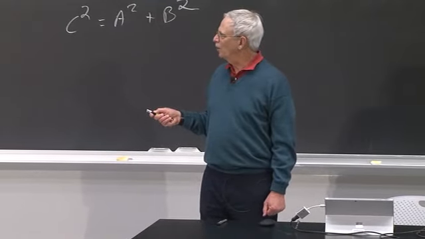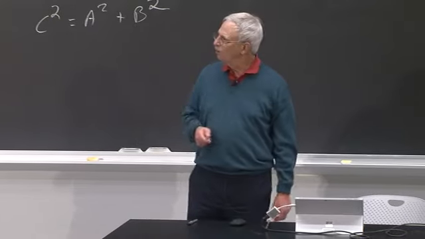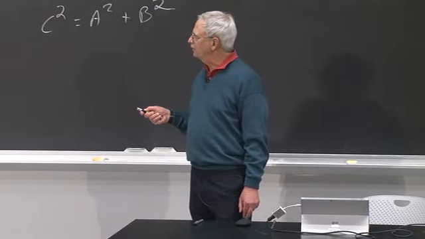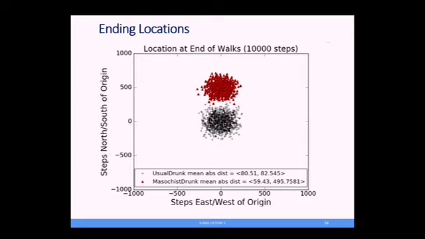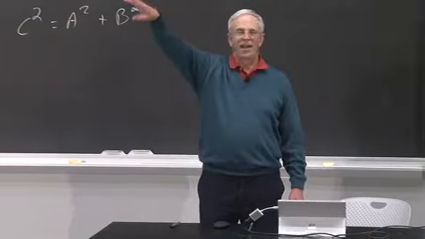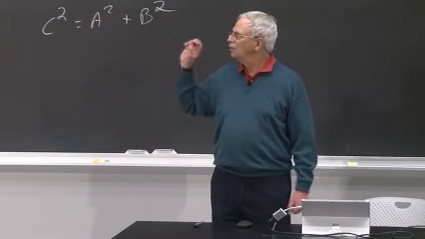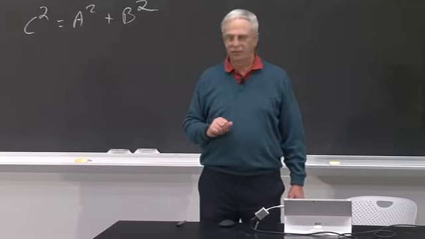And the usual drunk, I'm going to plot using black plus signs. Since I'm going to plot the location at the end of many walks, it doesn't make sense to draw lines connecting everything, because all we care about here is the endpoints. So since I only want the endpoints, I'm plotting them a different way.